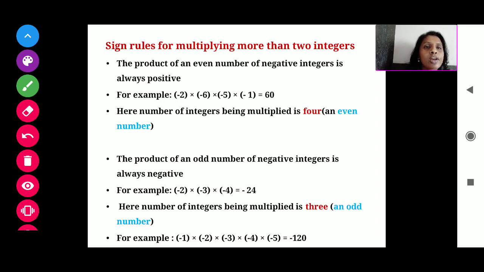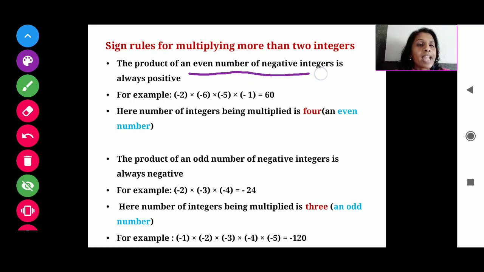Sign rules for multiplying more than two integers. This is the most important thing for you. When you are multiplying integers, you have to be careful with your sign. The first one is: the product of an even number of negative integers is always positive.